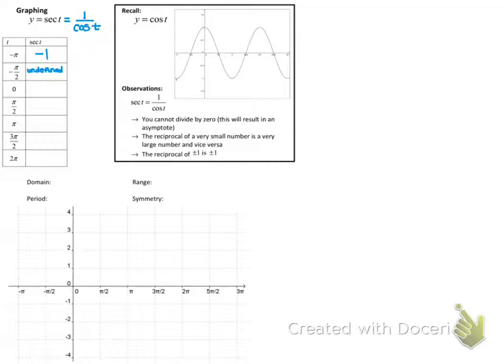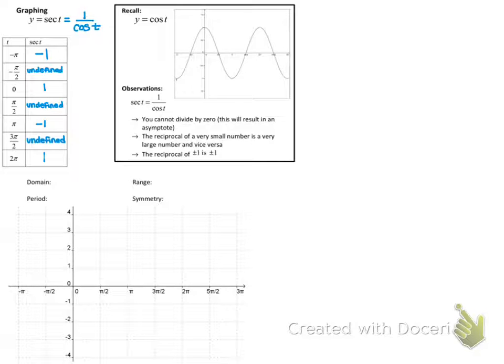At 0, 1; pi over 2, undefined; pi, negative 1; 3 pi over 2 is undefined; and at 2 pi, it's also 1.